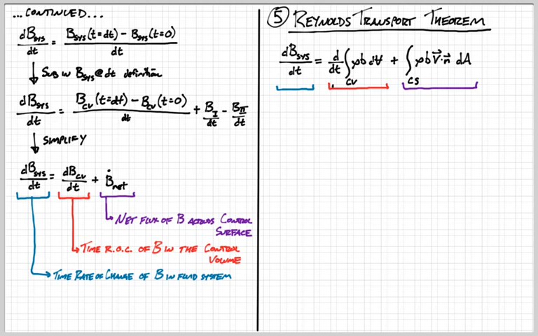The big change that happened between the left column and the right column was that I plugged back in that definition of capital B, right, where capital B and lowercase b are related by mass, and so that's where the density and volume come into play.